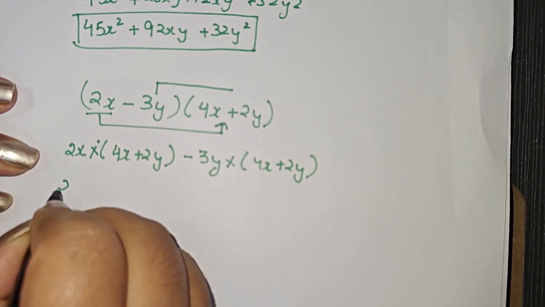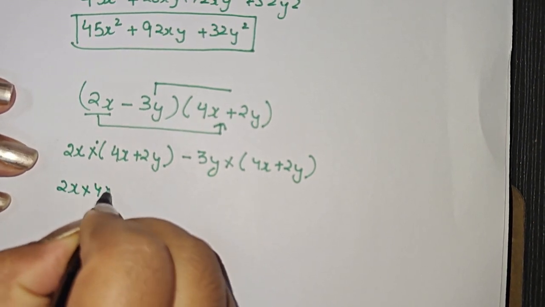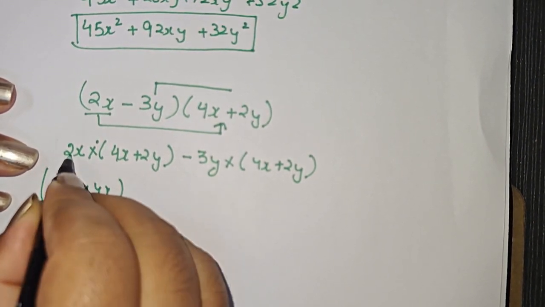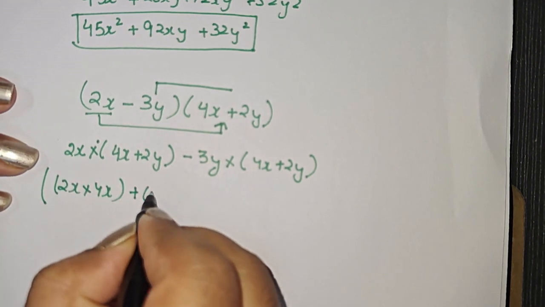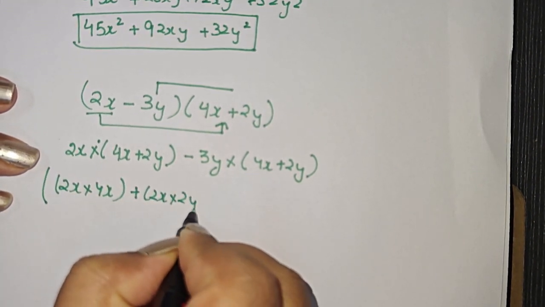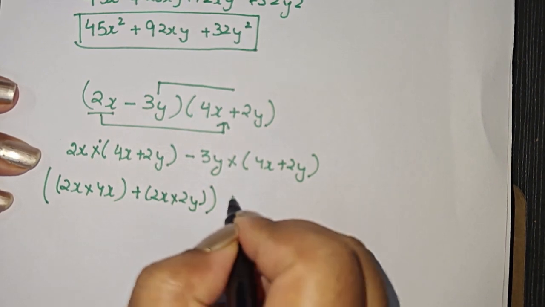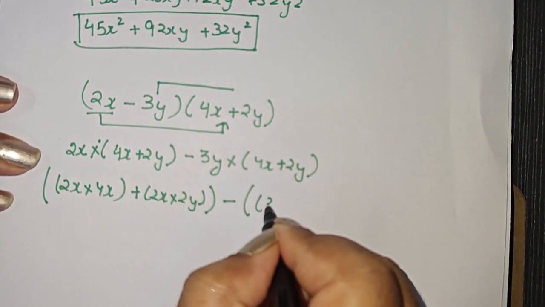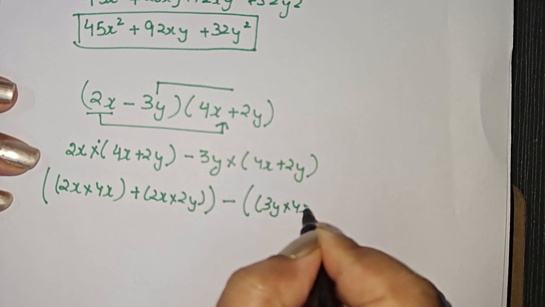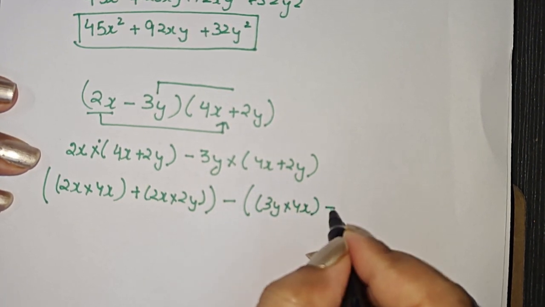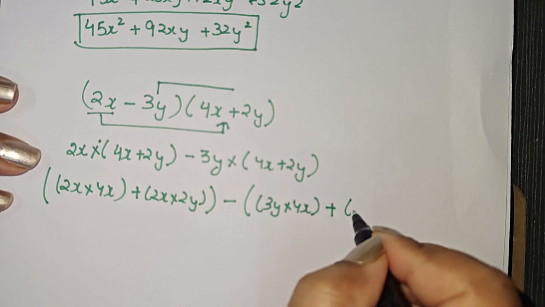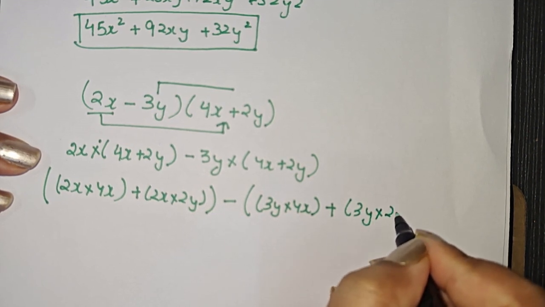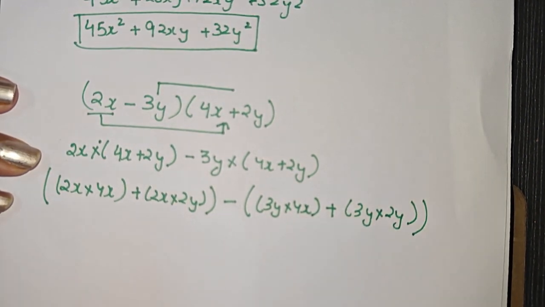Now we will start again as we did earlier. 2x into 4x, this into this, minus as it is, we will multiply 3y into 4x, plus this into this, 3y into 2y.